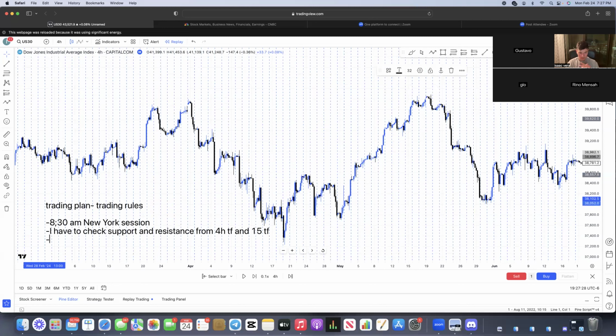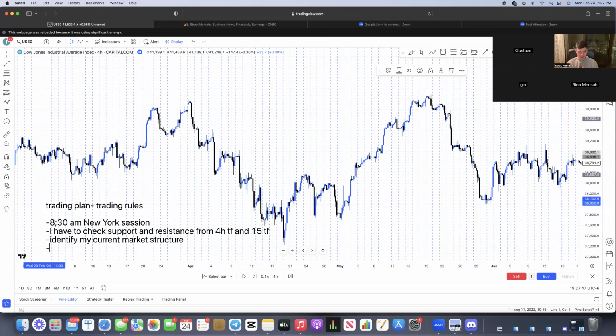Another rule that I have is I have to identify my current market structure and see if price is moving bullish or bearish.